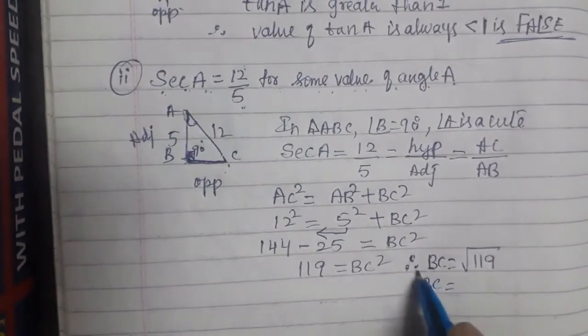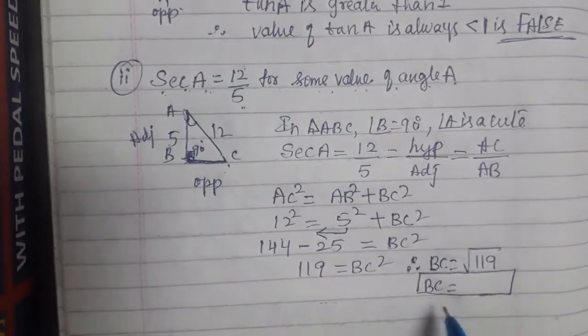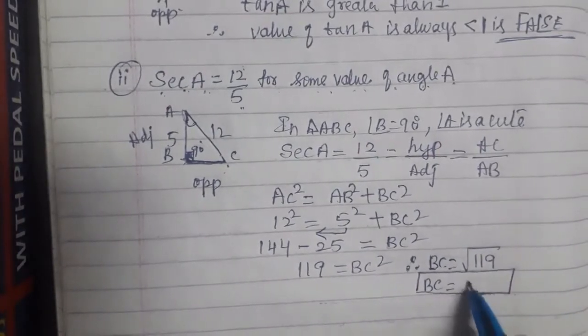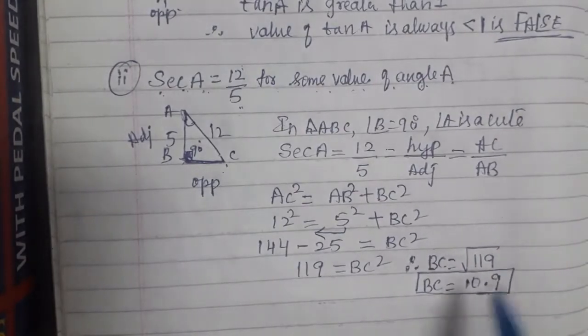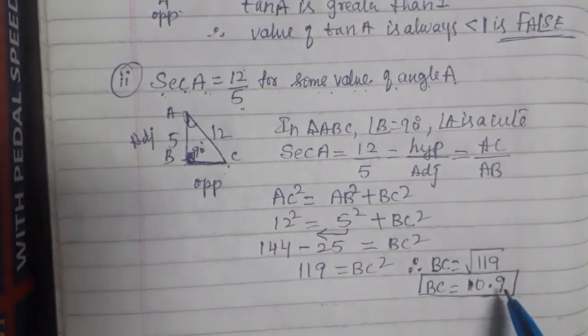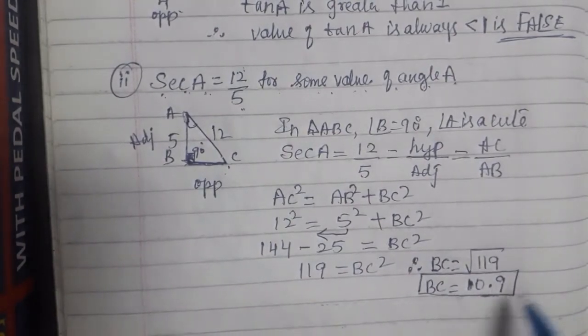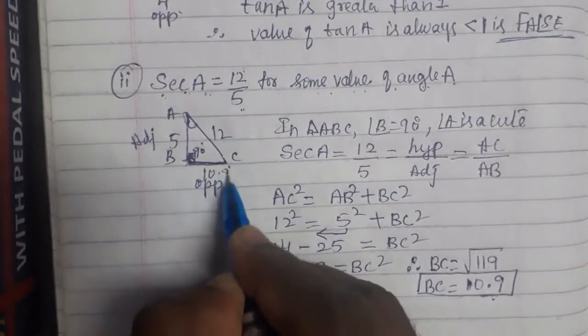So, the value of BC, 10 tens are 100. The square root of 119 is 10.9. So, here it is clear that BC is 10.9.